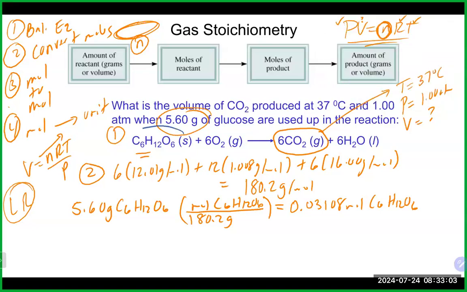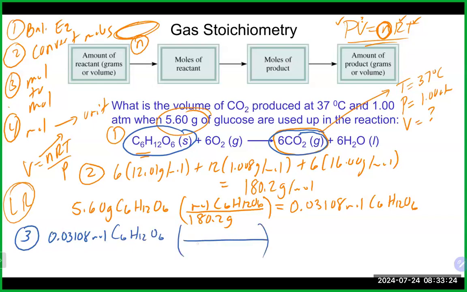And from the equation, we can see 1 mole of glucose gives us 6 moles of CO2. Again, just the coefficients. So step number 3, we'll take our number we just got there, 0.03108 moles of our glucose.